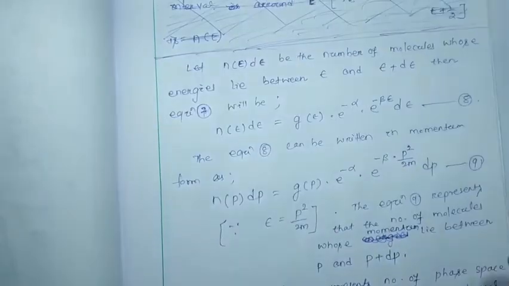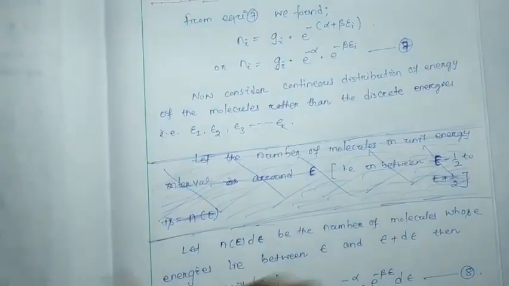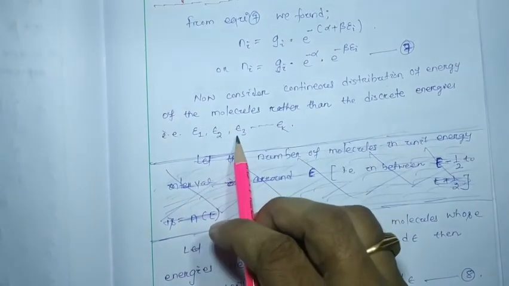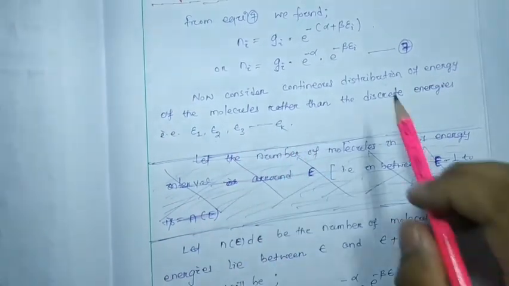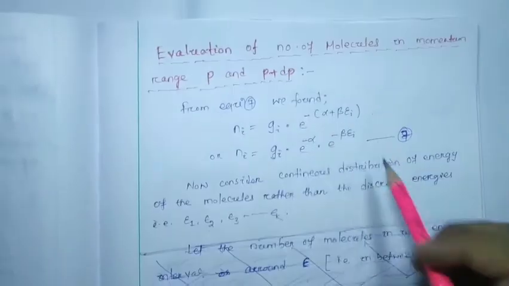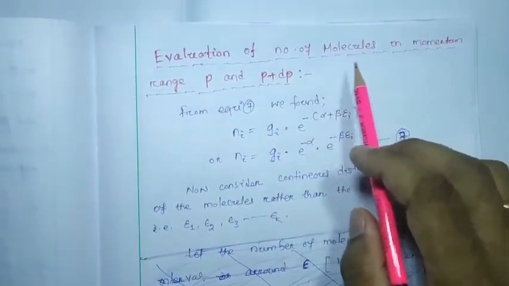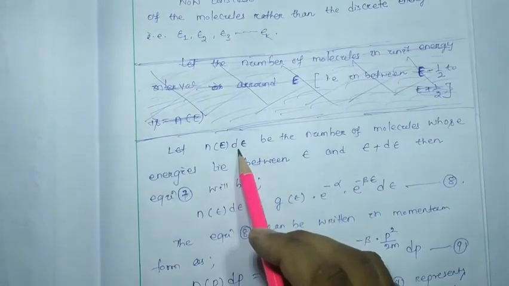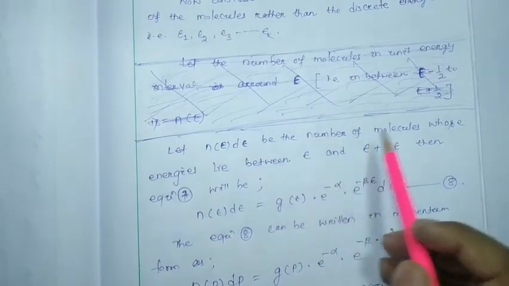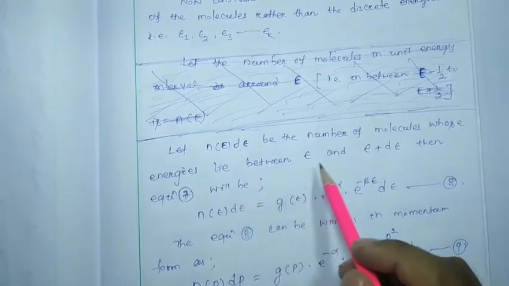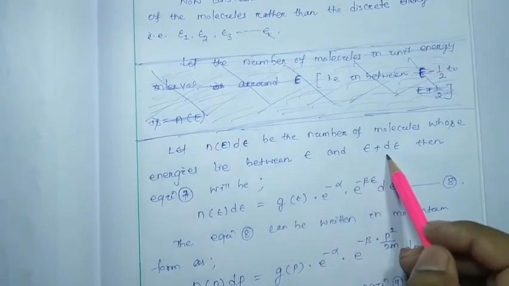But instead of discrete energies, we have to consider a continuous distribution of energy to find this expression. So let n(epsilon) d epsilon be the number of molecules whose energies lie between epsilon and epsilon plus d epsilon.